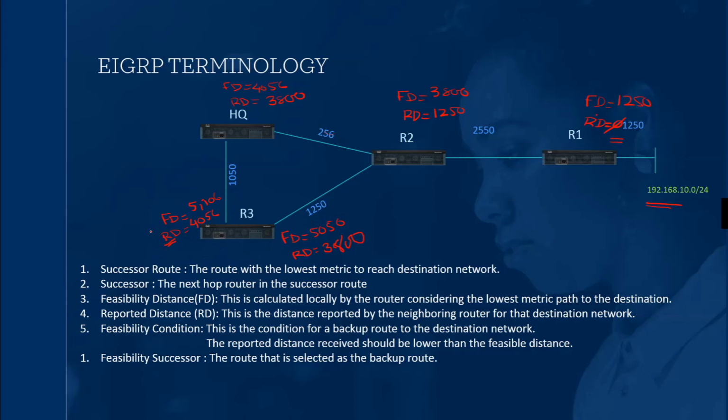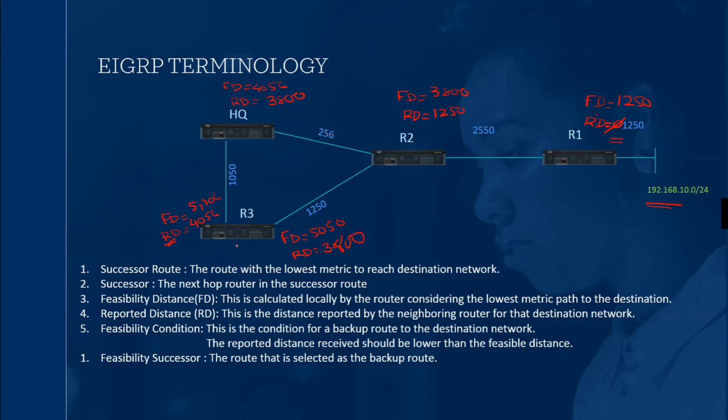As you can see, this reported distance here is 4056, and it is clearly lower than the actual feasibility distance that this route chose as its successor route.